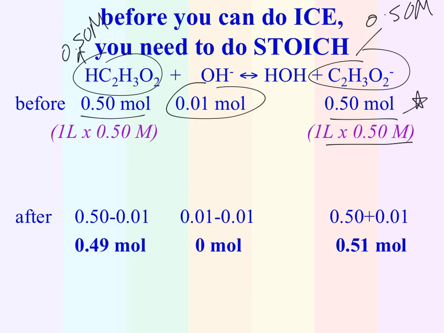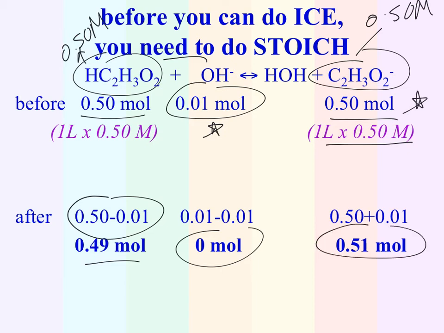Now we've indicated that the hydroxide is going to react with the acetic acid basically to 100%. So when we look at our quote-unquote change, our x value, we're looking at the 0.01 moles as being the change factor, right? These two are going to interact in a one-to-one way, so after those two have reacted, all of the hydroxide ion is going to get used up, and the acetic acid is going to decrease to 0.49 moles, and obviously we won't have any moles of hydroxide left because it's all going to get used up.